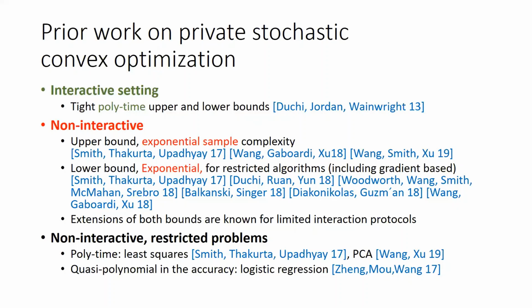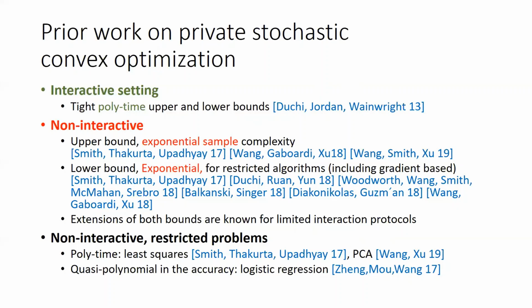In fact, Smith, Thakurta, and Upadhyay showed that any gradient or Hessian-based algorithm cannot learn non-interactively with a polynomial sample size. It was later generalized by subsequent prior work. But these bounds didn't hold against any algorithm, and it remained open whether there exist efficient non-interactive algorithms.